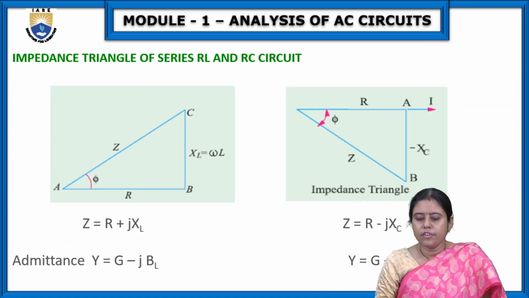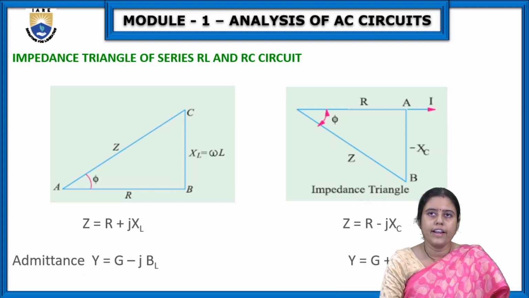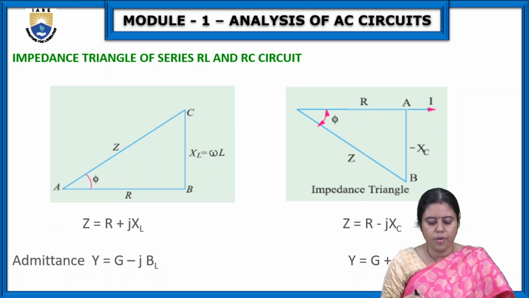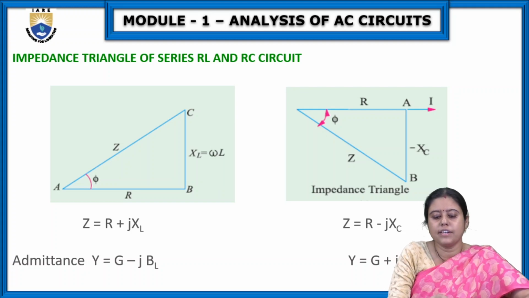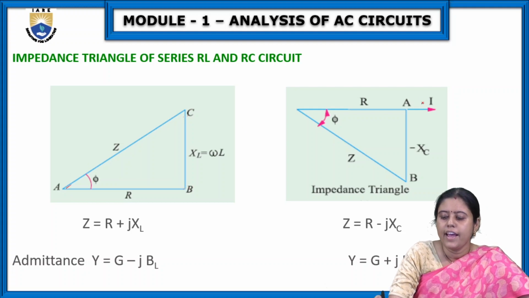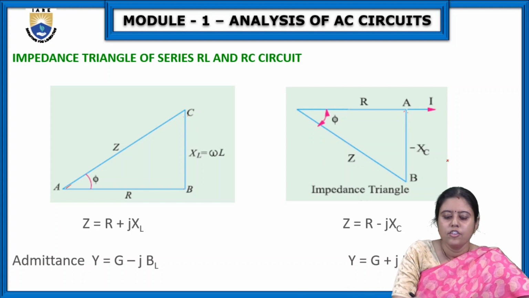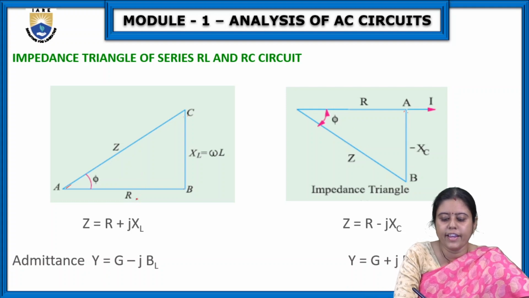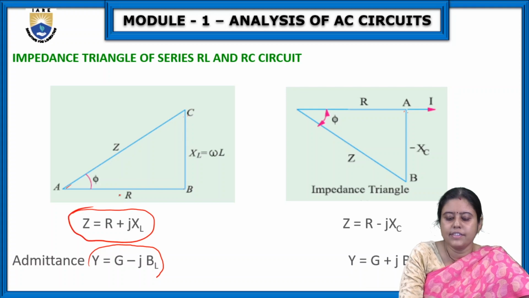So this is, as we have already discussed, the impedance triangle for the series RL and RC circuit. This is the resistance, XL and this is the Z, and this is the resistance, this is the minus XC and this is the Z. So what is Y? Remember these things, Z is equal to R plus JXL.